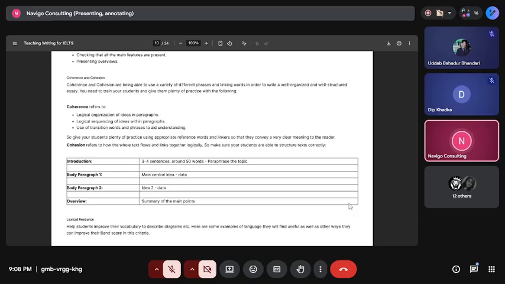And whenever you are describing something opposite, you use however, in spite of, despite. Whenever you are concluding something, you write to conclude, all in all, therefore. So these are also transition signals, right? Using these, the reader of your writing follows your ideas properly. So this is called coherence and cohesion.